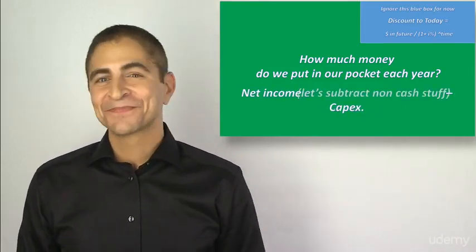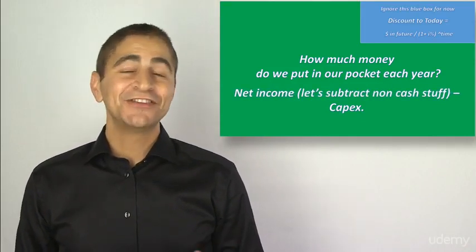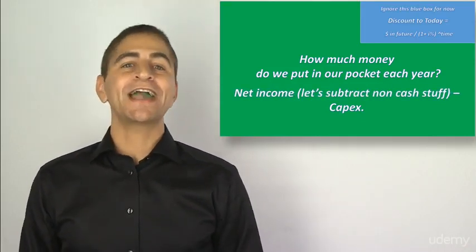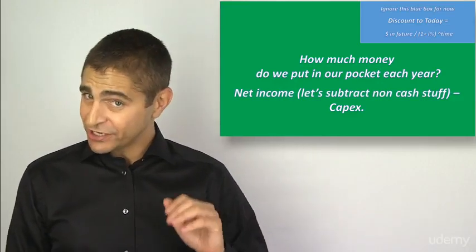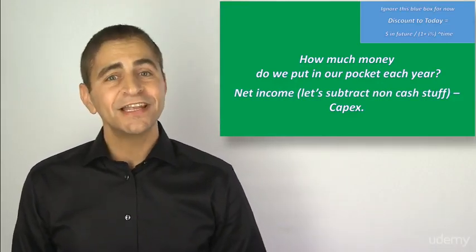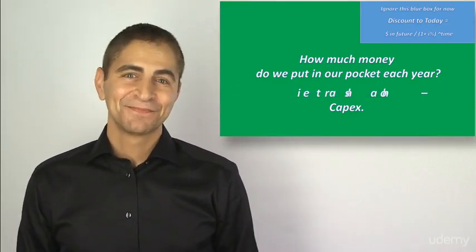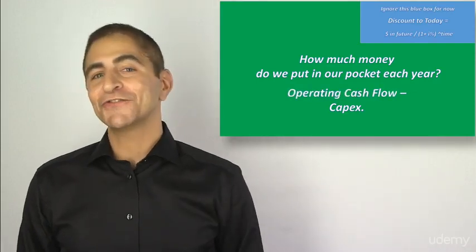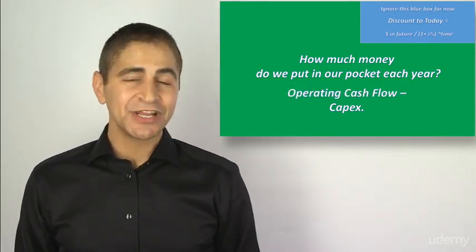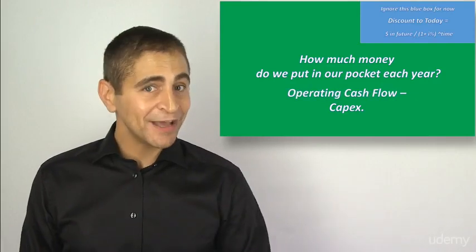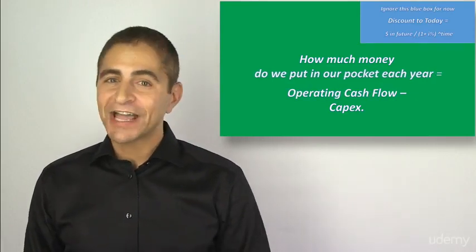Wait for it. You take net income and you subtract non-cash stuff, and then you deduct what you invested in, like CapEx. That's called operating cash flow. Remember that from the cash flow statement. Operating cash flow minus CapEx is free cash flow.